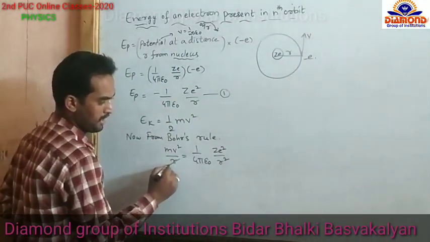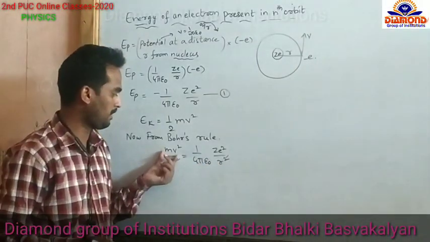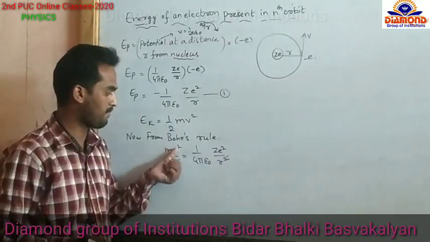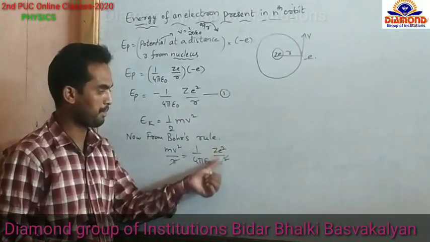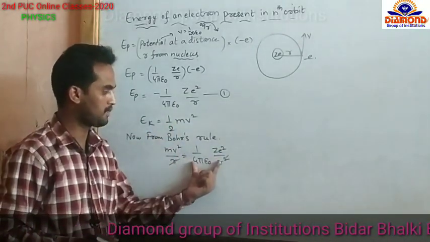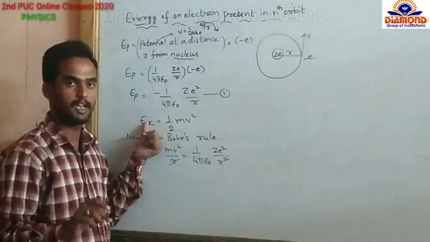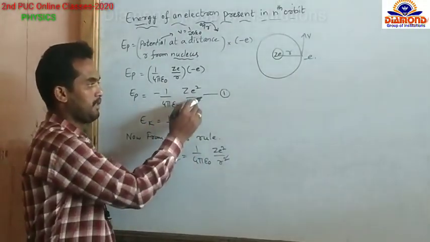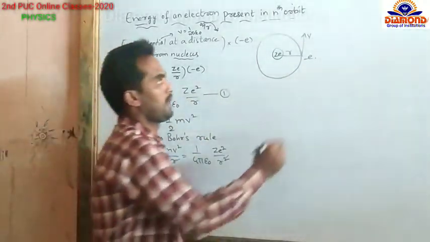So by cancelling the r on both sides, we get the direct value of mv square, that is 1 by 4 pi epsilon naught into Ze square by r. So in place of mv square, if you substitute this value, you are going to get the kinetic energy. After getting the kinetic energy, if you add equation number 1 and equation number 2, you are going to get the total energy.